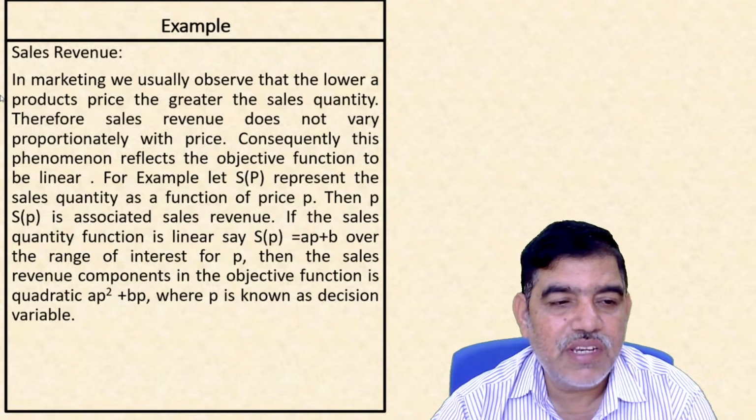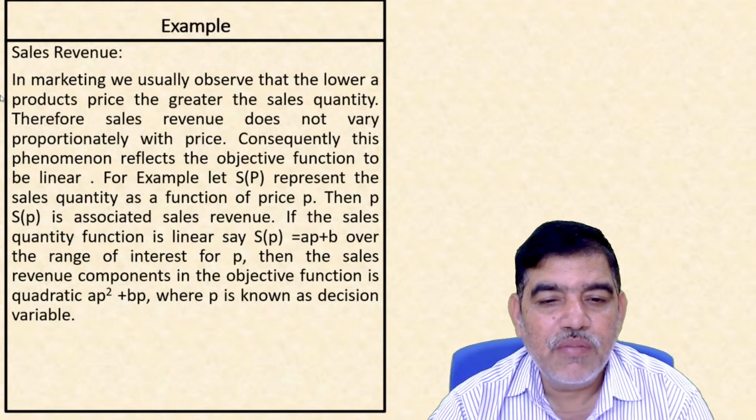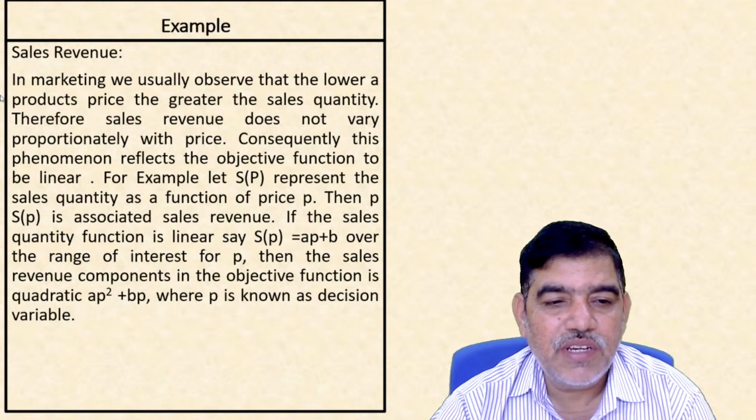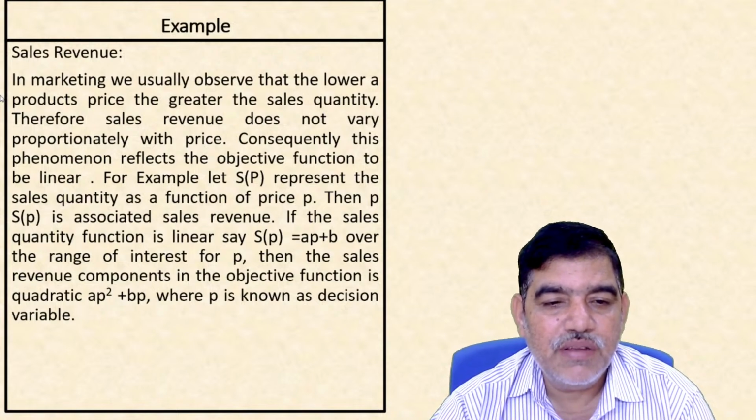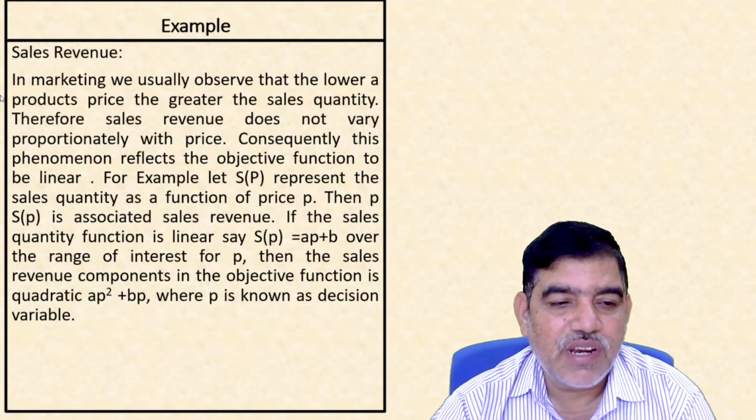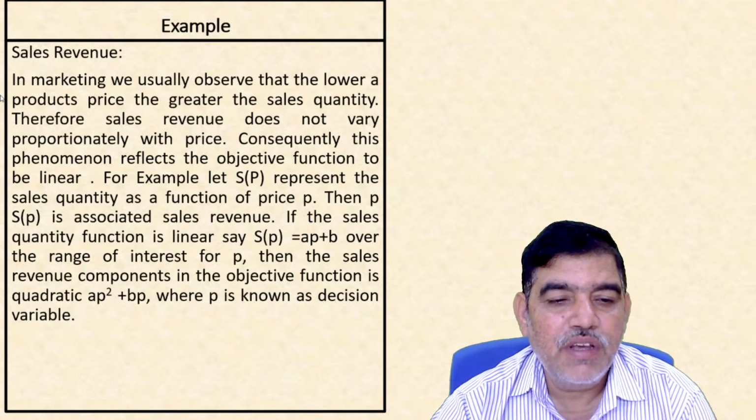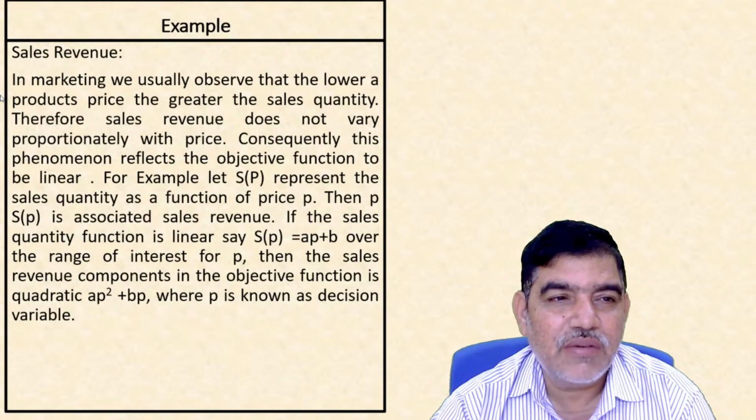If the sales quantity function is linear, say S of P equal to aP plus b over the range of interest for P, then the sales revenue component in the objective function is quadratic: aP square plus bP, where P is known as the decision variable. This is another example, of sales revenue.